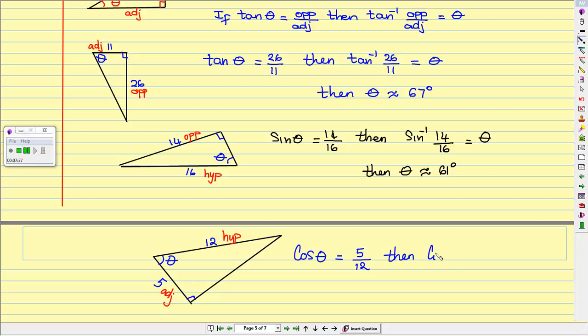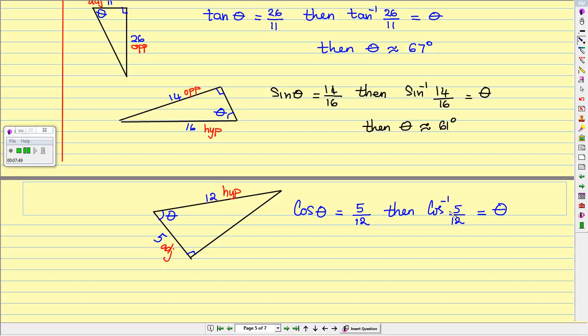Then you take the inverse cosine of 5 over 12, which is the angle theta. Now put this expression in your calculator. Make sure that you are in degrees mode. Then the angle theta is about 65 degrees.